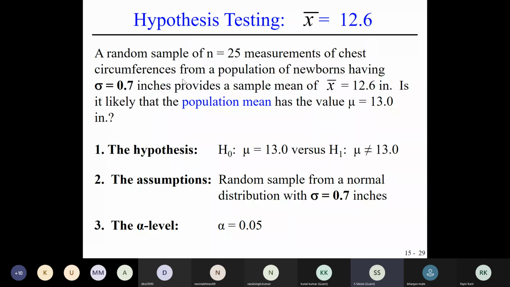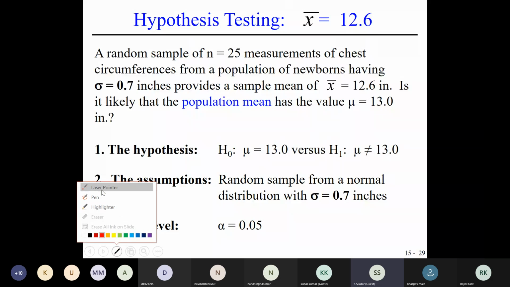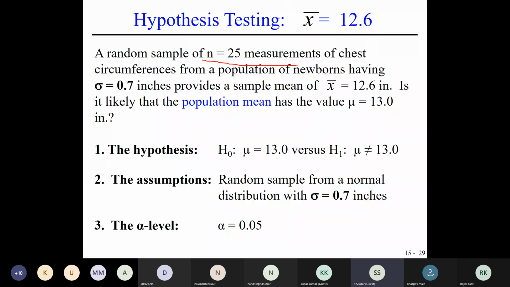So what has been done is basically a sample is taken, and the sample size you can see is 25. That is, n, the number of samples, is 25.